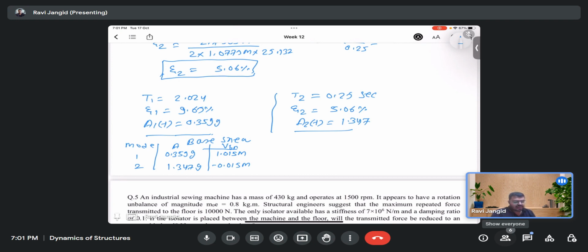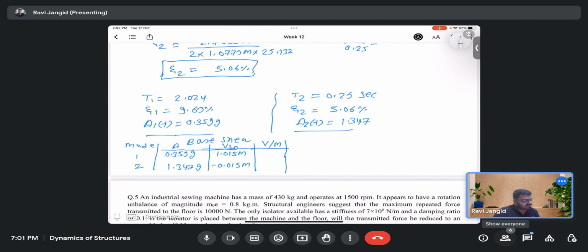So you can multiply it with the acceleration. If you multiply with this 0.359g, and take a ratio of m because we are considering m as a constant: 1.015 times 0.359 times 9.81.